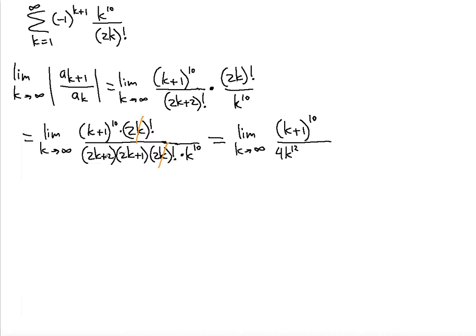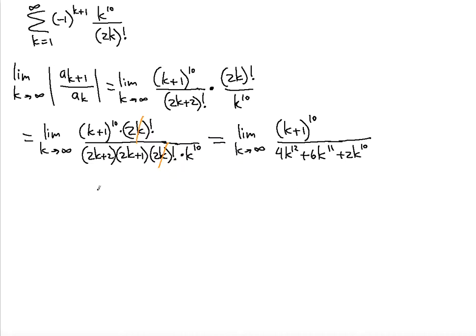I'm sorry, no. 4k plus 2k, that's 6k. 6k times k to the 10th is 6k to the 11th, and then plus 2, plus 2k to the 10th.